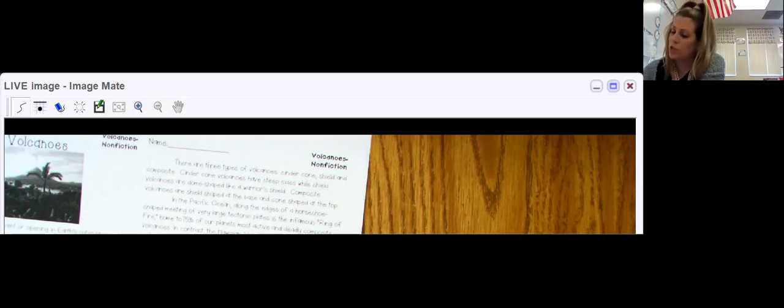In the Pacific Ocean, along the edge of a horseshoe-shaped meeting of very large tectonic plates is the infamous Ring of Fire. Have you heard of that before? Home to 75% of our planet's most active and deadly composite volcanoes.